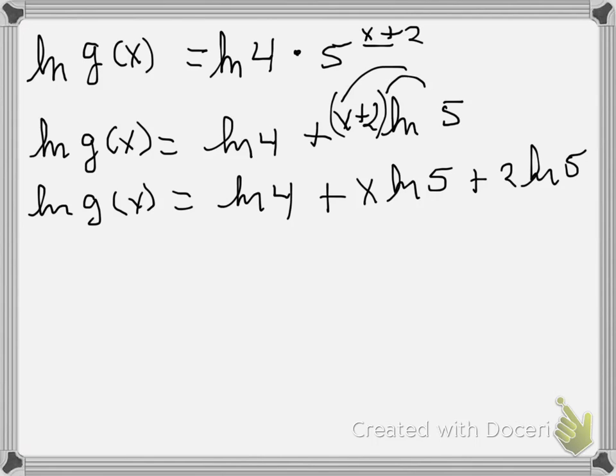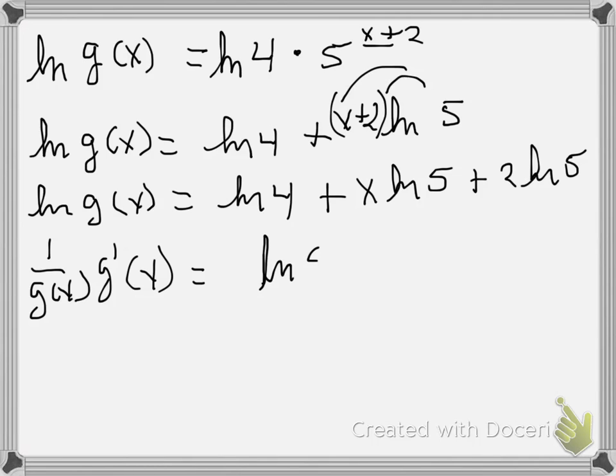Now let's take the derivative. Natural log g of x gives 1 over g of x times g prime of x. Natural log of 4, derivative of that is 0. Derivative of x times the natural log of 5 is natural log of 5. Derivative of 2 natural log of 5 is 0.